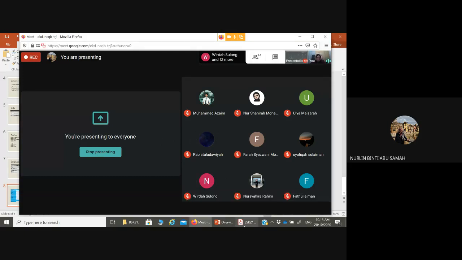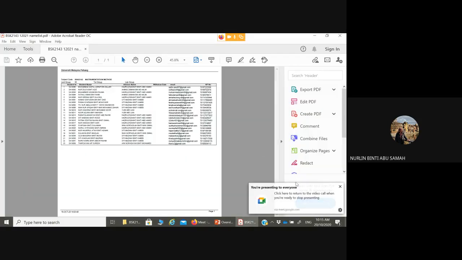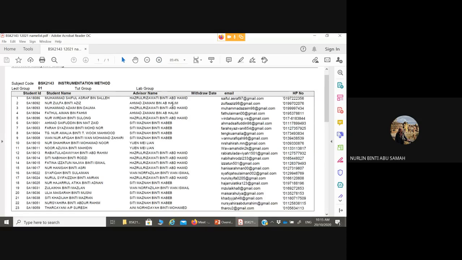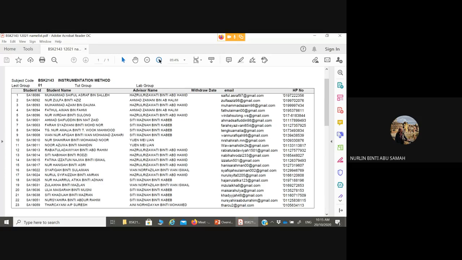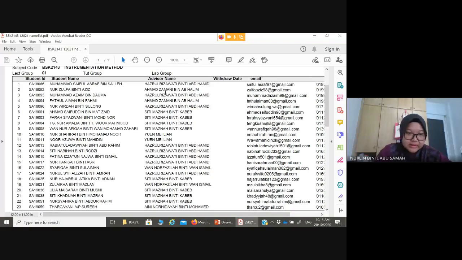Okay, now let's look at the name list of students. Boleh nampak tak? Boleh nampak. Okay, ada tak nama yang tak ada? Kalau ada sesiapa yang nama tak ada kat dalam ni, nanti tolong update kat saya.